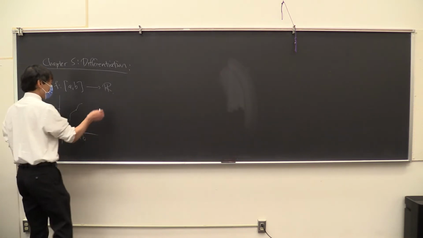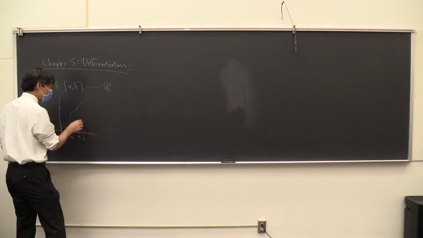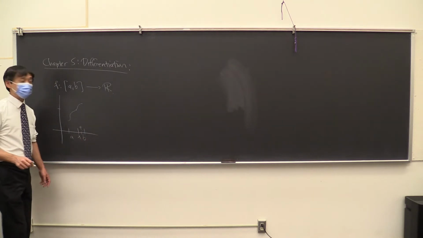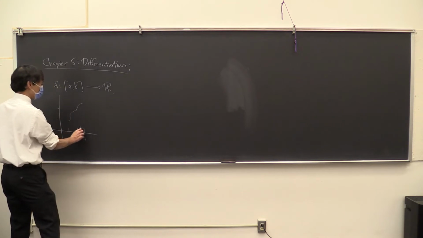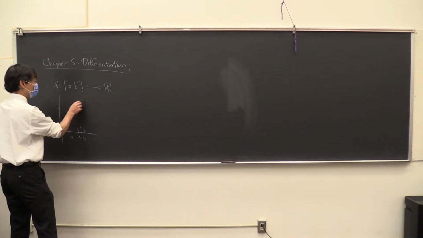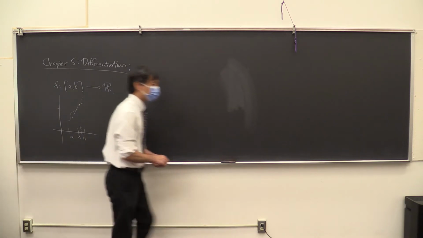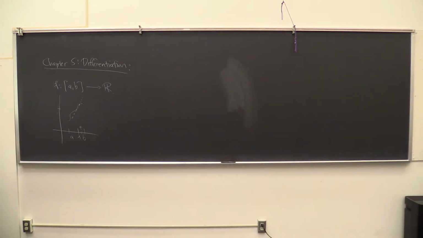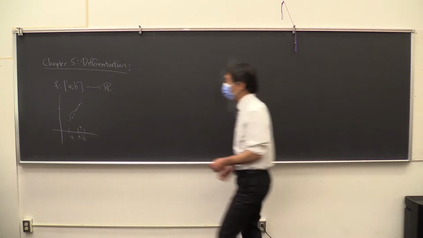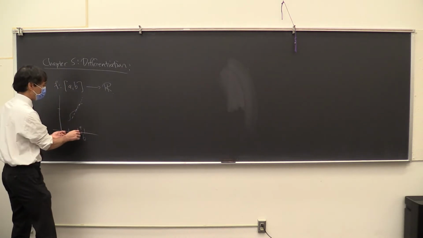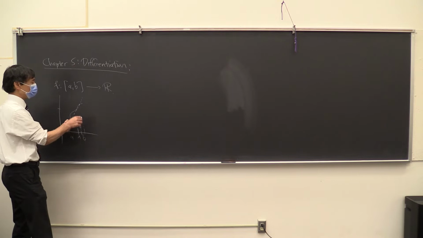Okay, great. So you take some second point, and it could be left or right. Let's call that point t, right? And you look at the slope of the secant line between those two points, right?